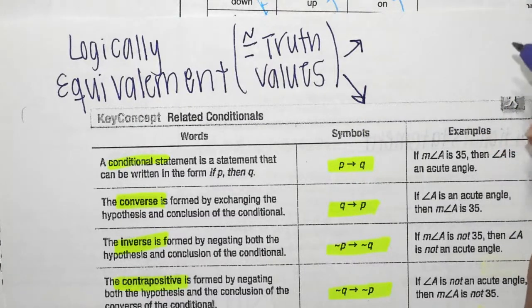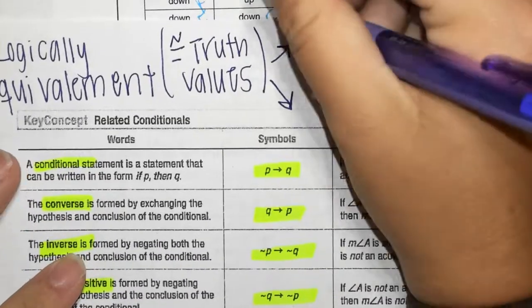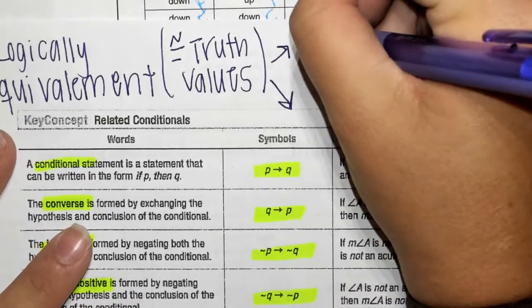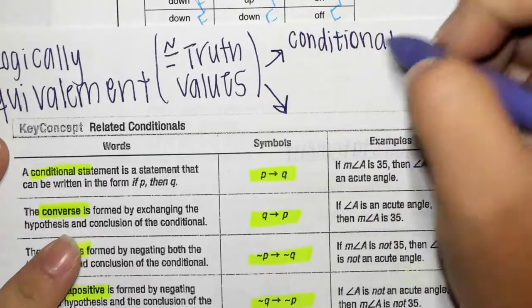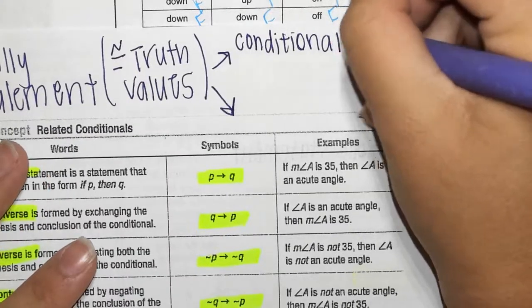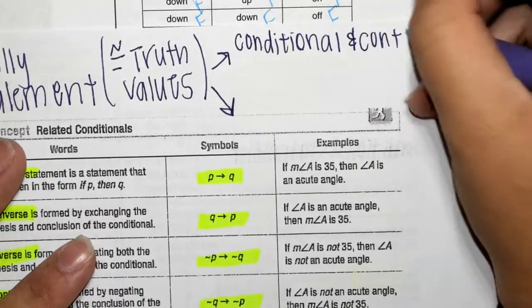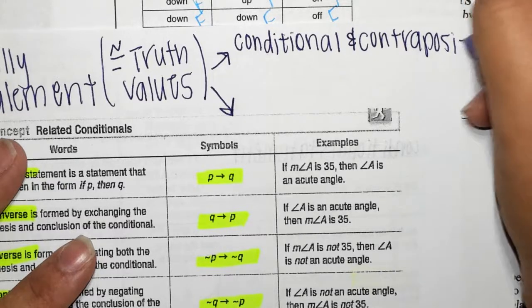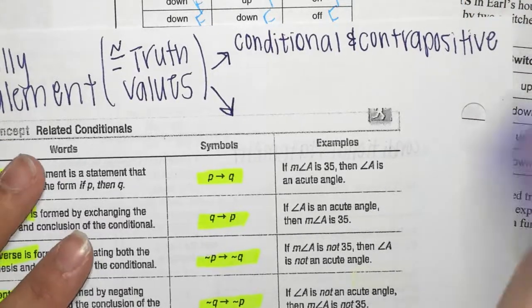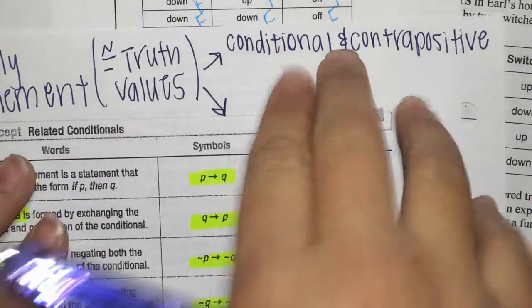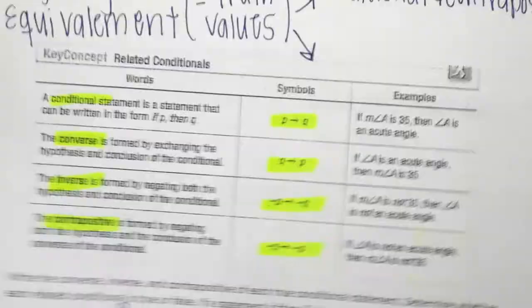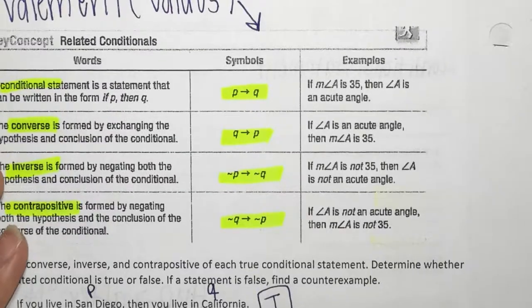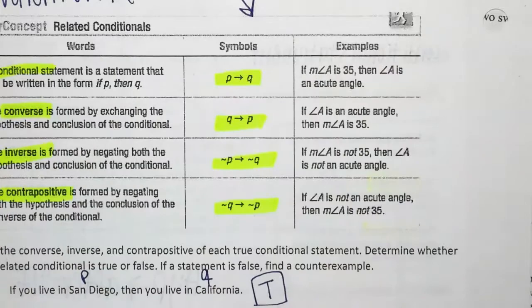Your conditional statement always has the same truth value as your contrapositive. If one's true, so is the other. If one's false, so is the other. Was that true in the example we just did? The conditional was true, and we also said the contrapositive was true.